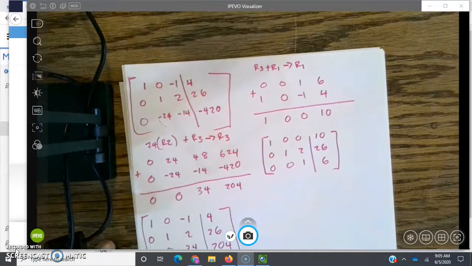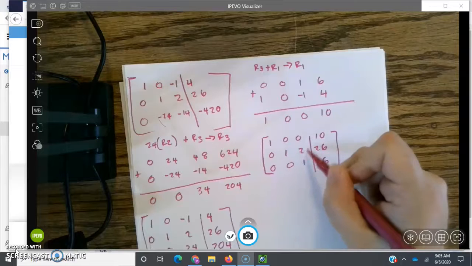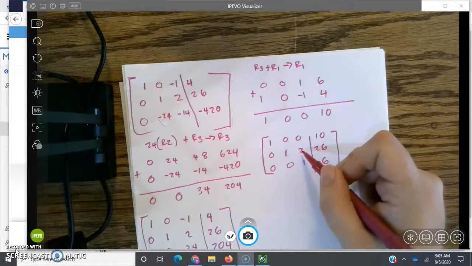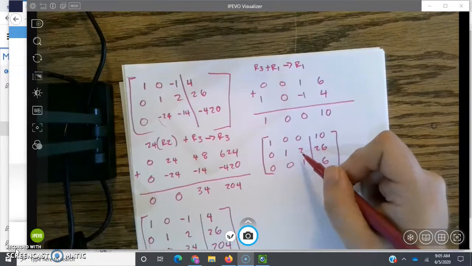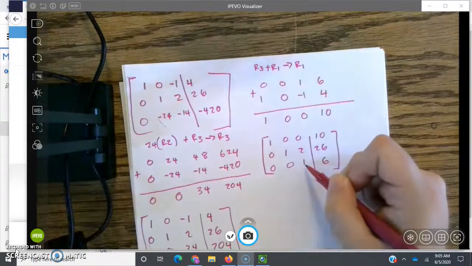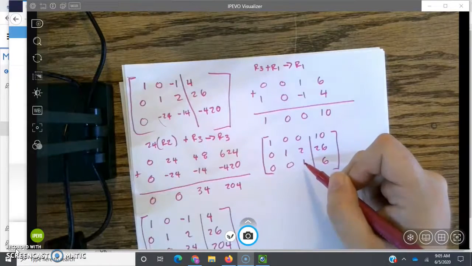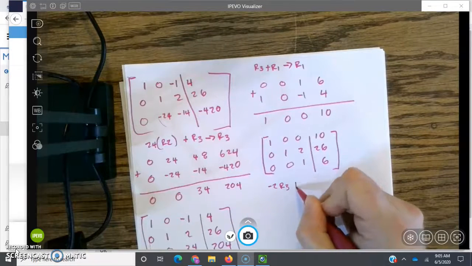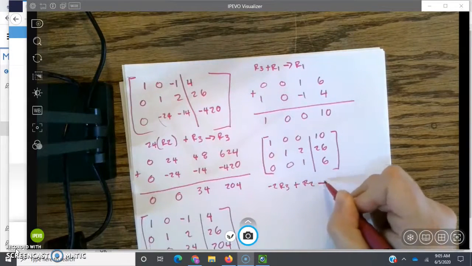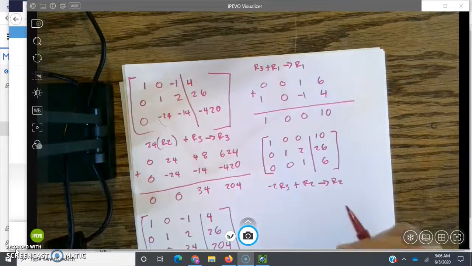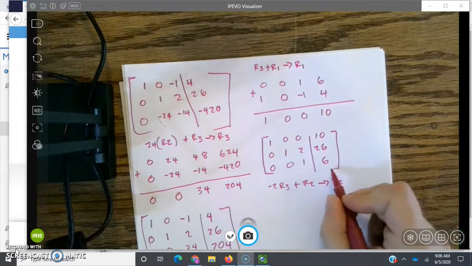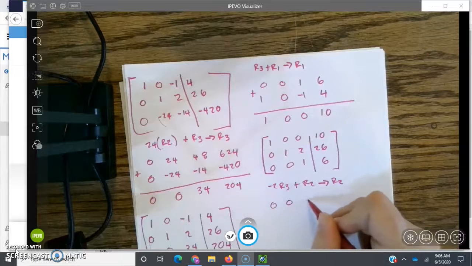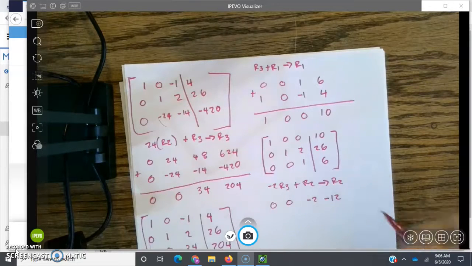Okay, then the next thing we're going to do is make a 0 right here. To make a 0 right here, we need to use row 3 again. So we're going to use negative 2 row 3 plus row 2, and put it in for row 2. Negative 2 row 3 is going to give us 0, 0, negative 2, negative 12.